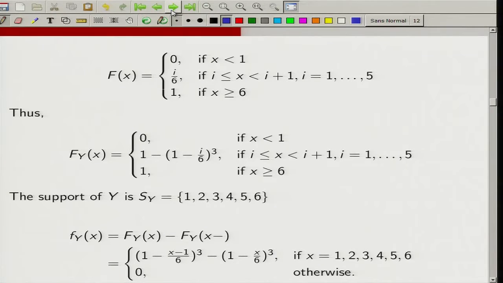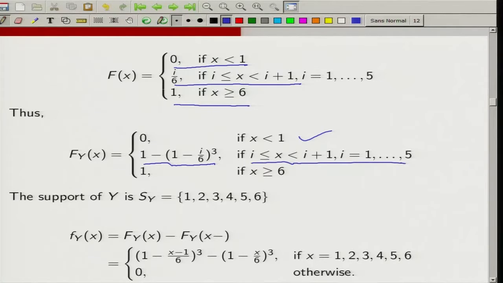So, that means F(x) is 0 if x is less than 1, if x is between i to i plus 1, this is i by 6, this is 1 if x is greater than or equal to 6. So, my F_Y(x) turns out to be 0 if x less than 1, 1 minus F(x) whole cube, which is 1 minus (1 minus i by 6) whole cube if x is between i to i plus 1 for i equal to 1 to 5, and this would be 1 if x is greater than or equal to 6.